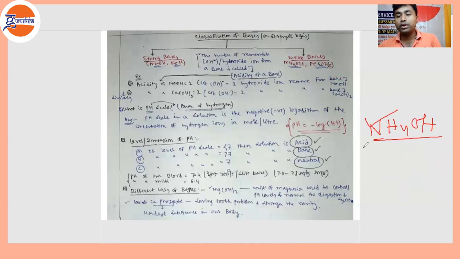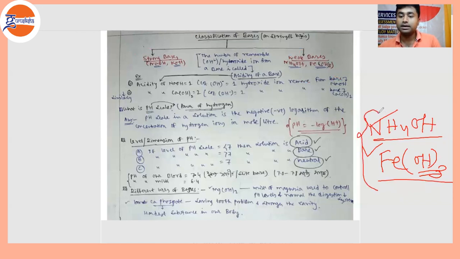Another example of weak base is Fe(OH)3. Okay, Fe(OH)3 is ferric hydroxide. This is also another example of weak base.